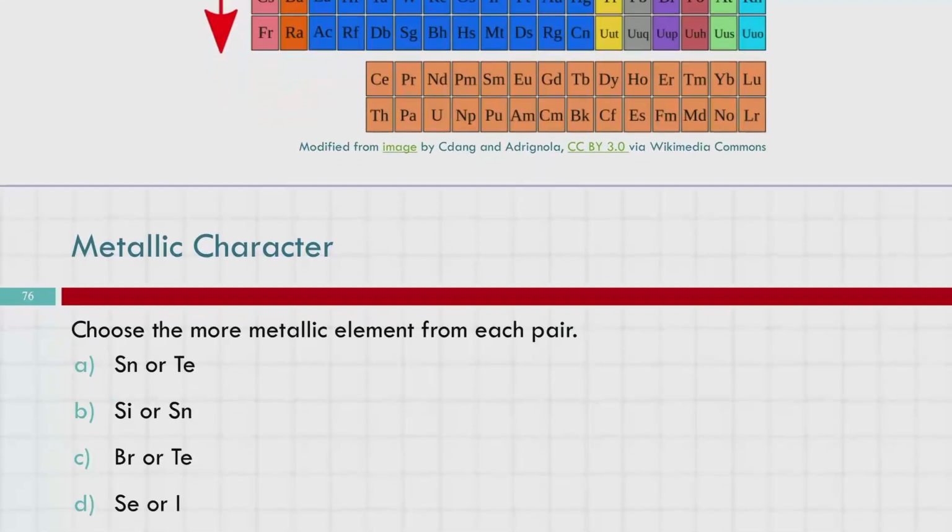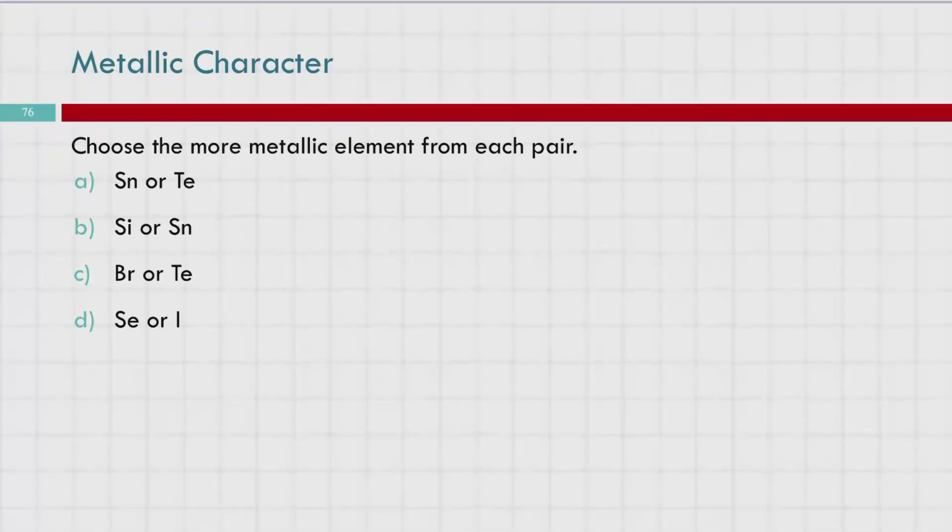Choose the more metallic element from each pair, Sn or Te. It's going to be Sn, the metals on the left side. Tin is further to the left, so it's more metallic. We've also got Si or Sn.